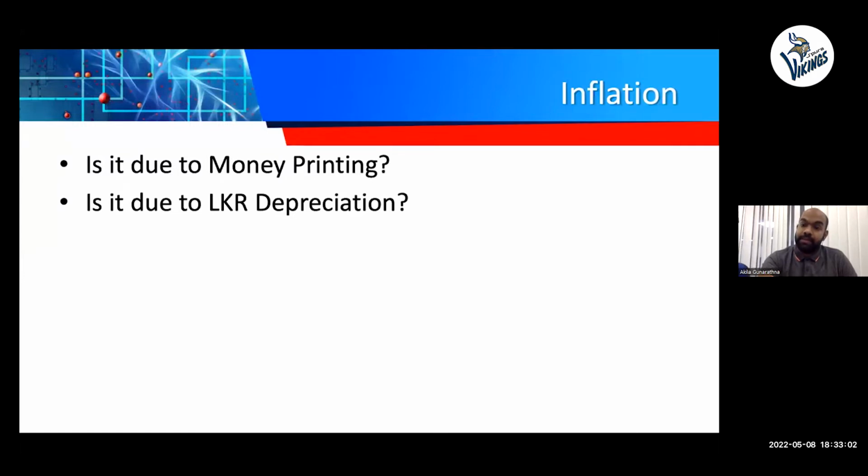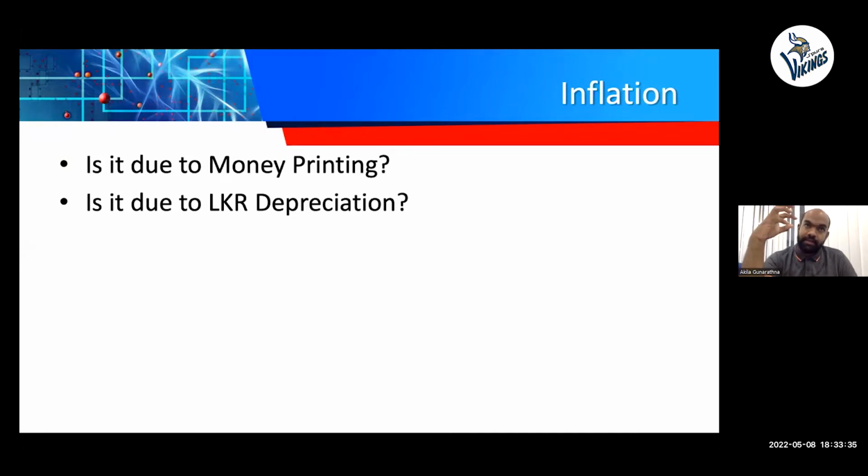The people started feeling it when prices of goods and services went up, and when they got these power cuts. So inflation is where people felt it. Is it due to money printing? They print a lot of money, and there were certain statements by certain public figures that inflation is not due to money printing and all that. I can explain why they made those comments.